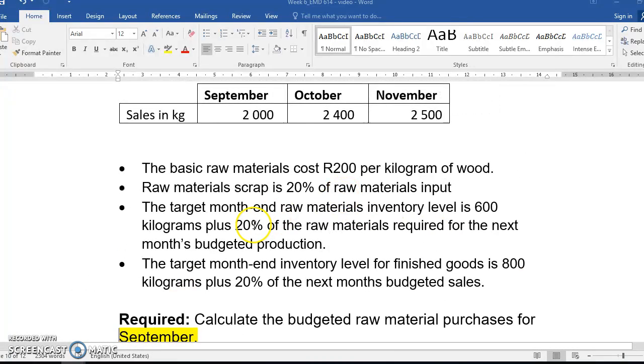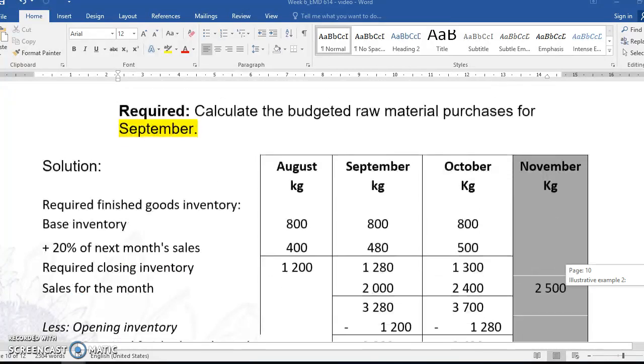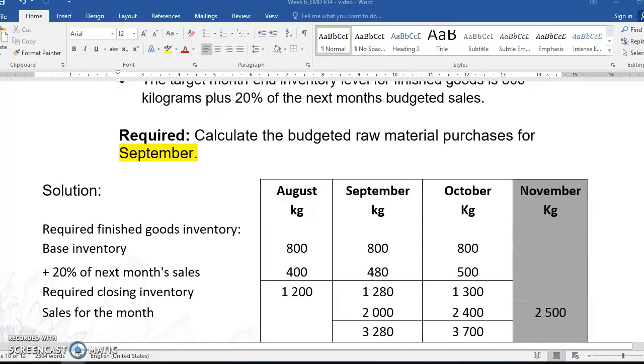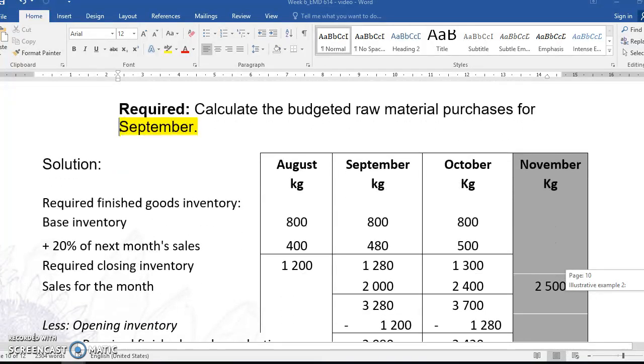We need month-end inventory of 20% of the next month for raw material as well as for finished goods. So we need the next month in order to be able to calculate the closing inventory. However, we also need the previous month in order to calculate the opening inventory. And so therefore you'll see in the solution we have effectively 4 months. And as we run through the solution now, you'll see why we have 4 months.